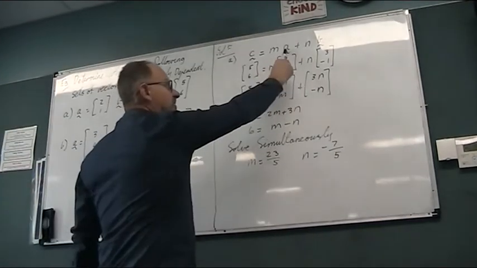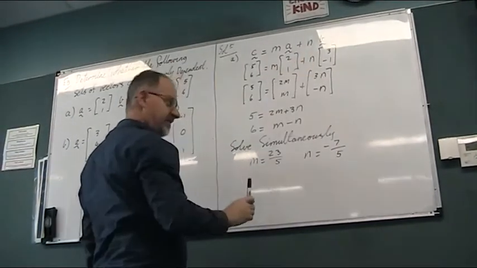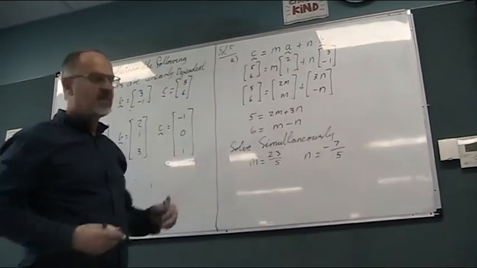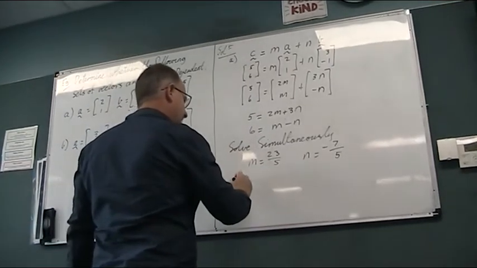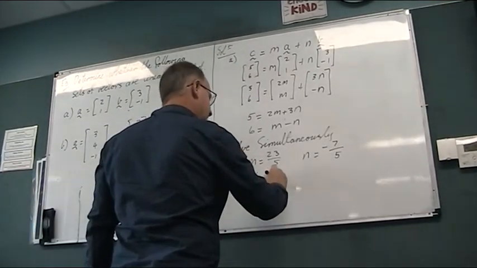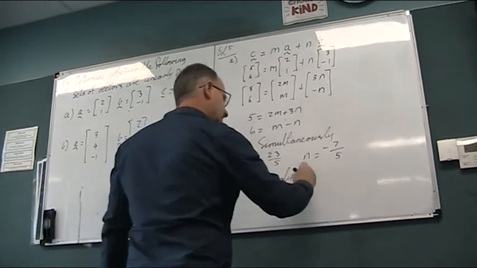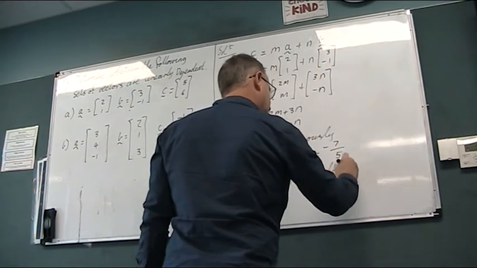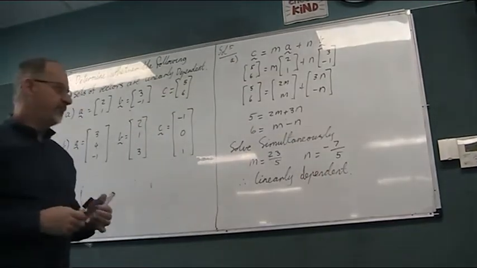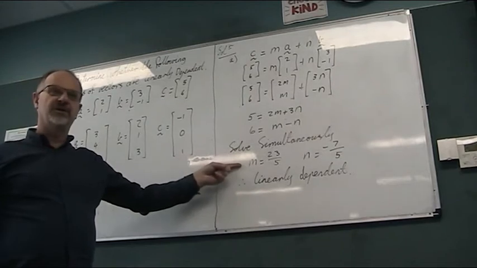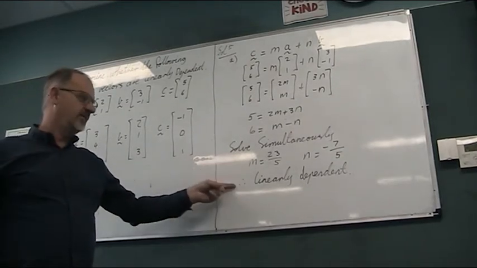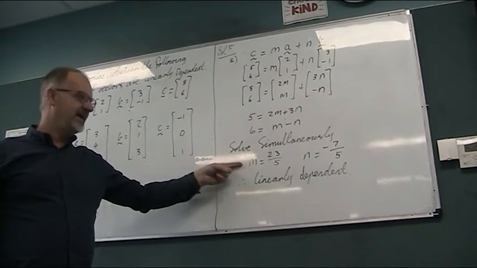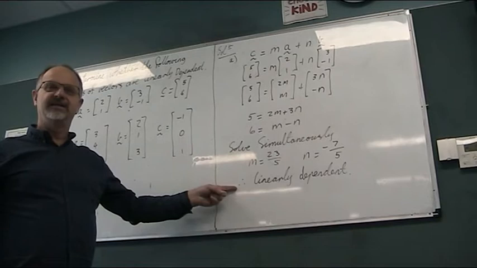So some multiple of A plus some multiple of B, and these are the multiples, give us C. So in this case, they are linearly dependent. If we tried to solve this and we couldn't, then they wouldn't be. But because we can find a value for m and n, they're linearly dependent.